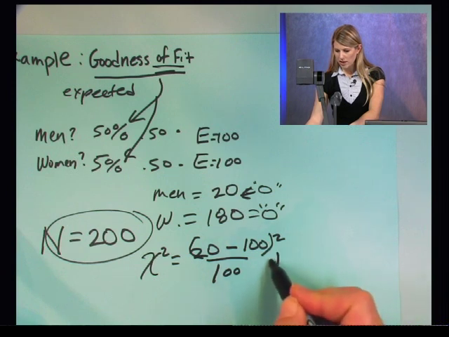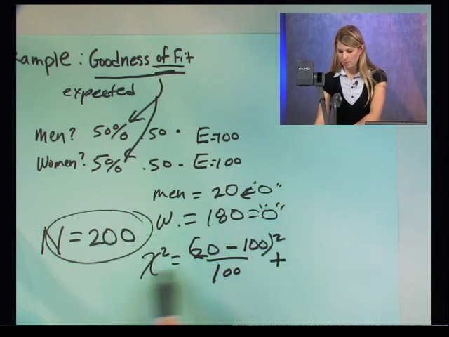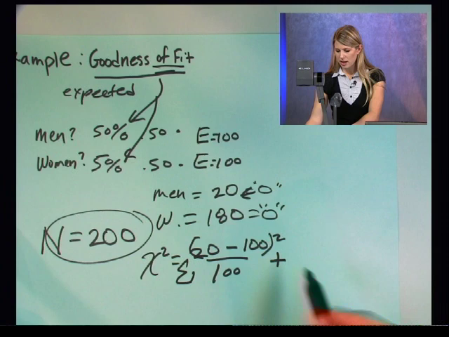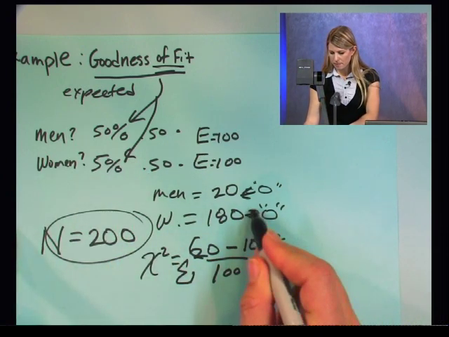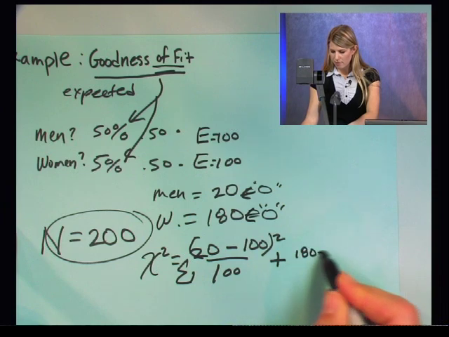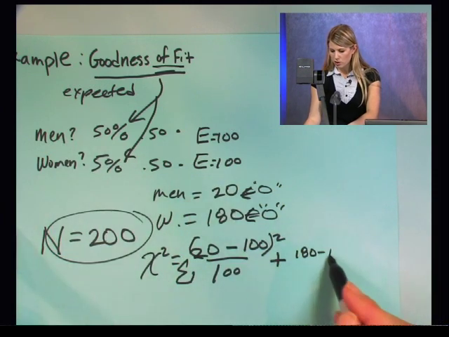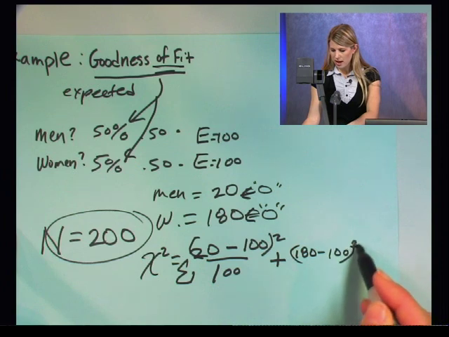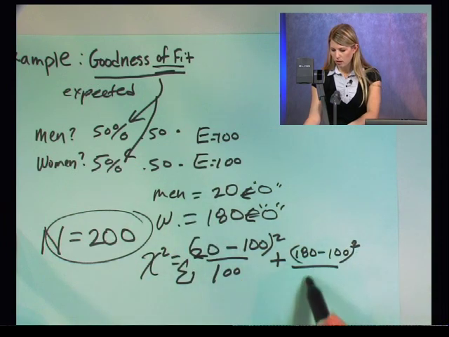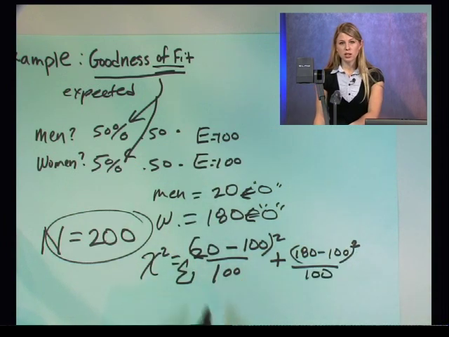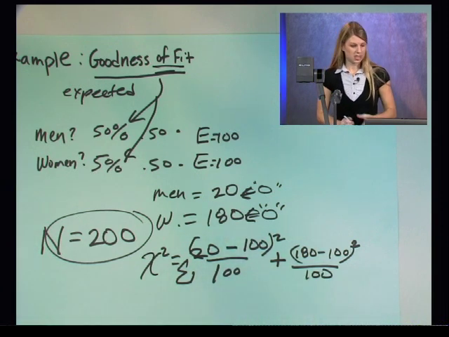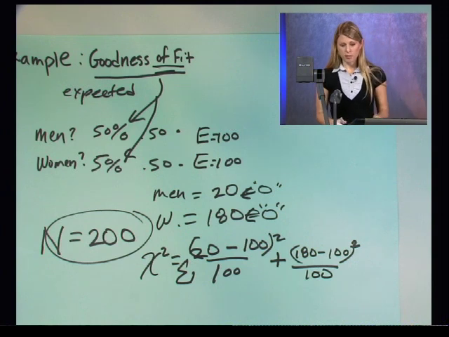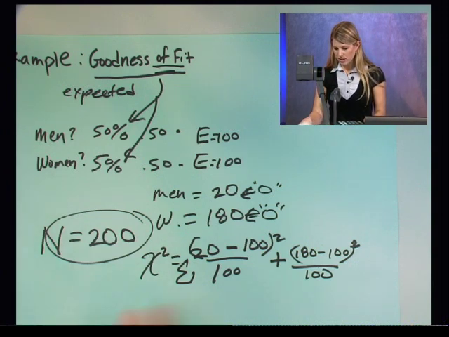And since you have the sum at the beginning, you're going to add that to the observed for women, which was 180. 180 minus your expected for women, which was 100. Square that, divide by the expected for women, 100. And once you get those, you add them up. That's your chi-square test statistic. So we'll go ahead and calculate this. Go ahead and add this up, square them, calculate your chi-square.